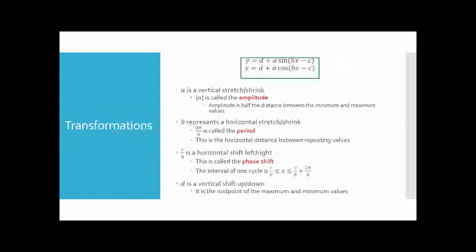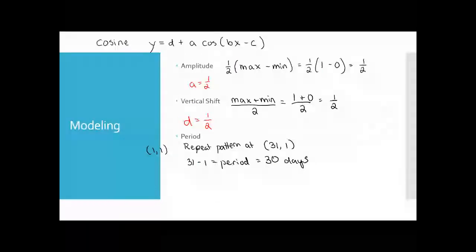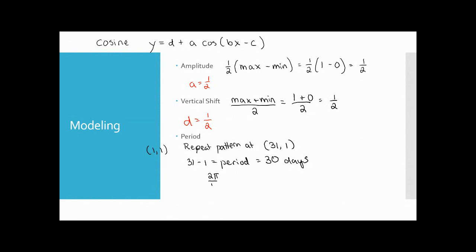So I'm going to go back to my definitions. First with B, 2 pi over B is called the period. So the period equals 2 pi over B. I can use that relationship to solve for B. So 2 pi over B will equal 30.